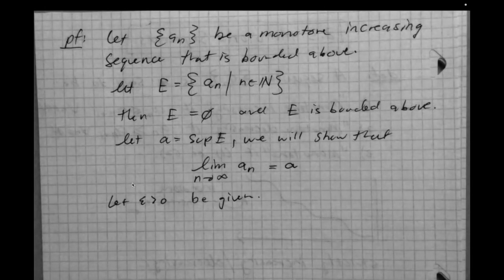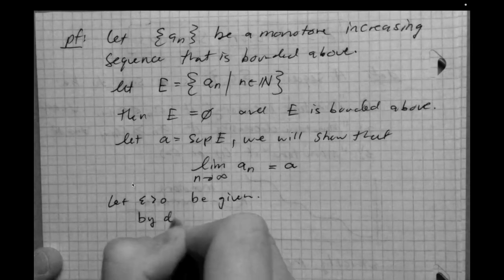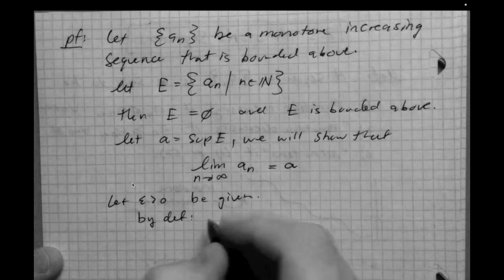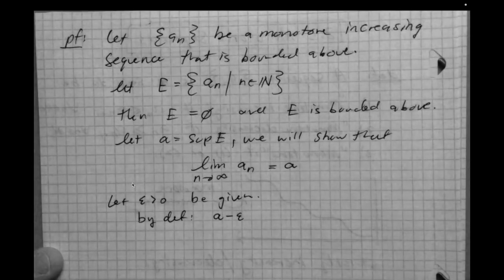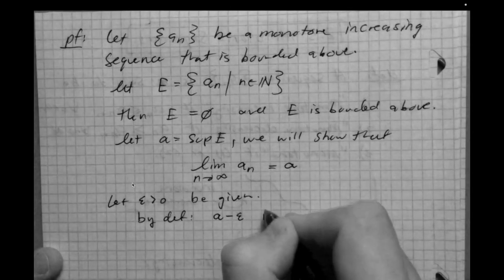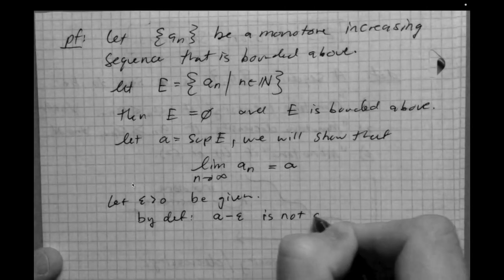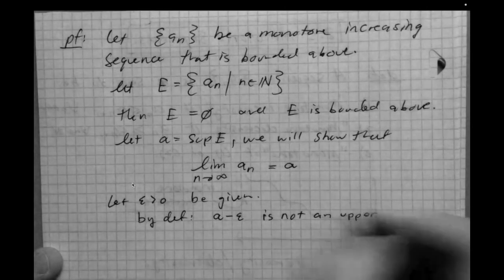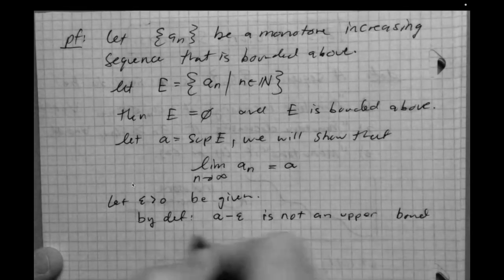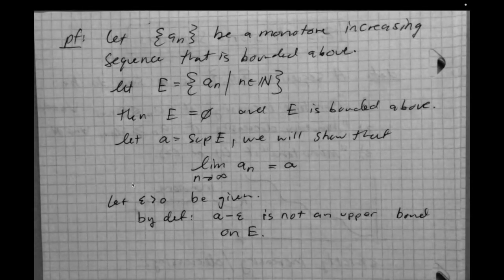Now, by the definition of a least upper bound, A minus epsilon can't be an upper bound on E. Obviously, if A minus epsilon is smaller than A, and if A minus epsilon was an upper bound on E, then A minus epsilon would be the supremum.